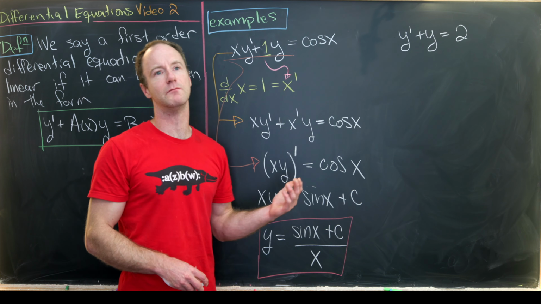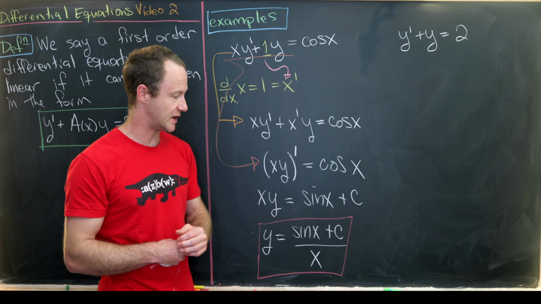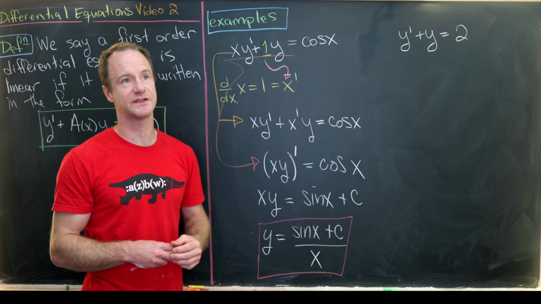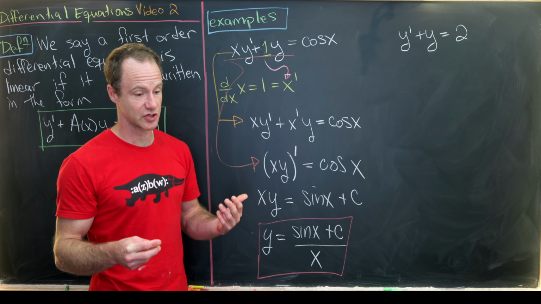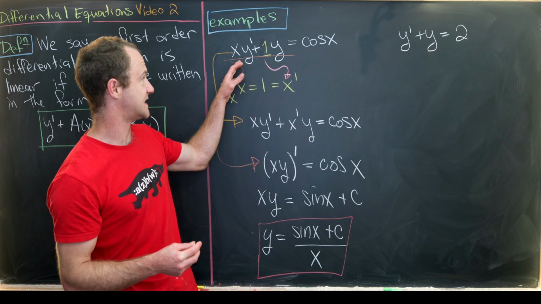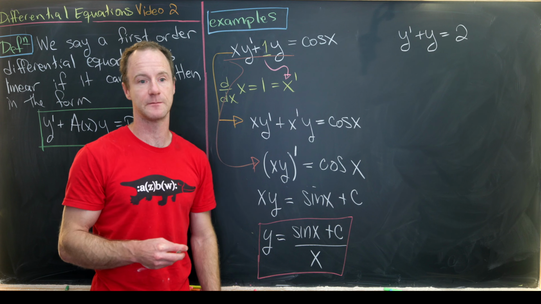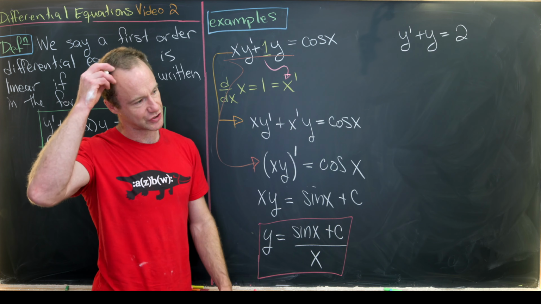And that brings us to one of the most important tricks for solving differential equations, and that is multiplying by a so-called integrating factor. That integrating factor should help us create the sort of setup that we had over here already. So what integrating factor should we multiply by?